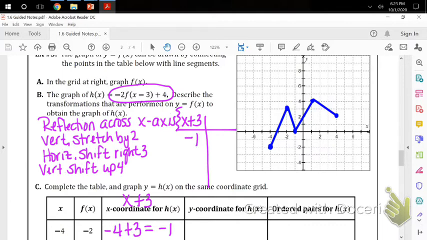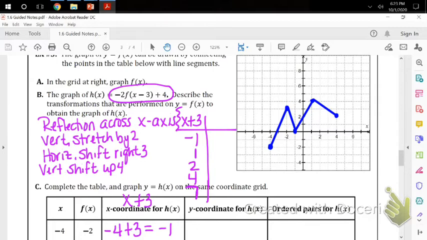And so our next one would be negative 2 plus 3, which is 1. Then we have negative 1 plus 3, which is 2. 1 plus 3 is 4. And 4 plus 3 is 7.